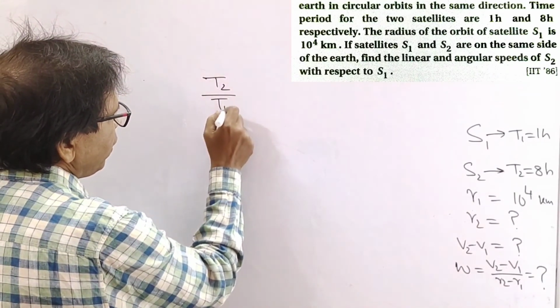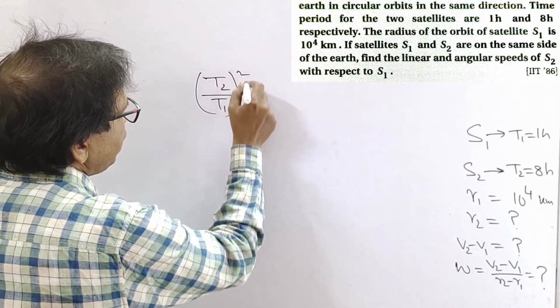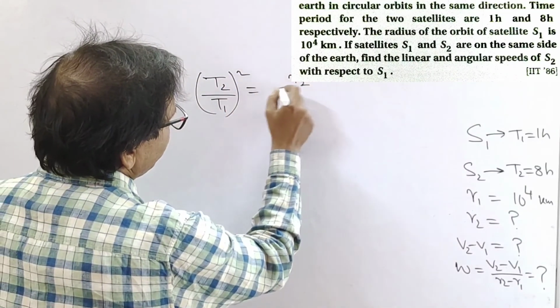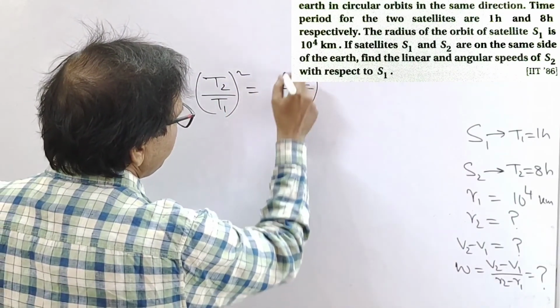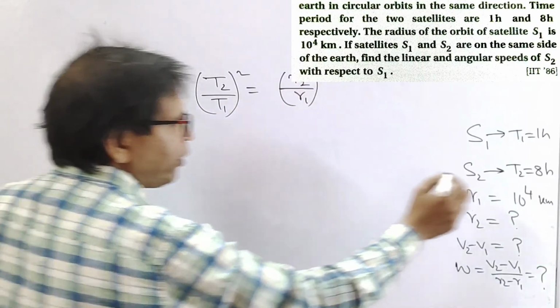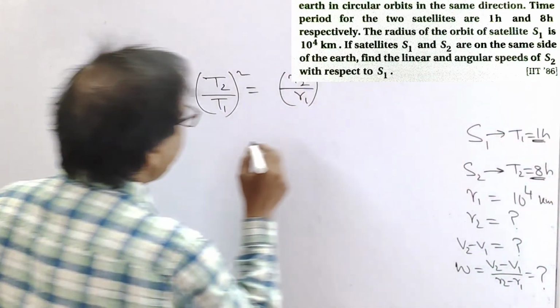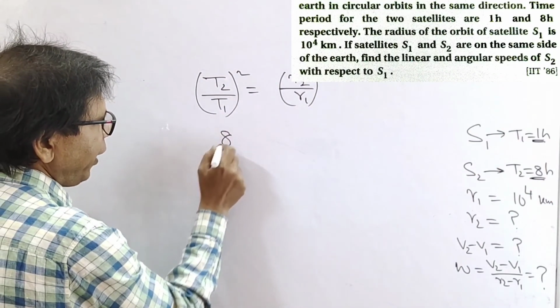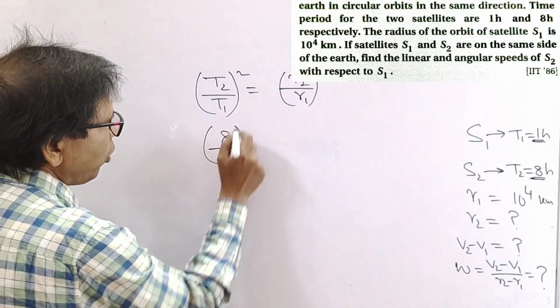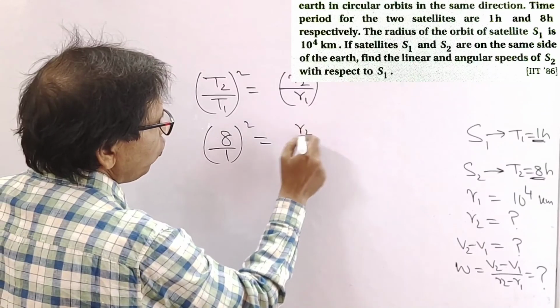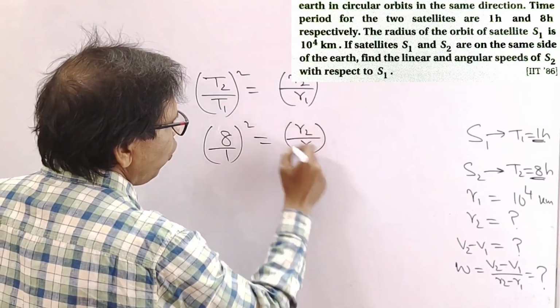Here T2 by T1 whole square equals R2 by R1 whole cube. Now look at this. Here T2 is 8 hours, T1 is 1 hour. So this is 8 by 1 whole square, equal to R2 by R1 whole cube.